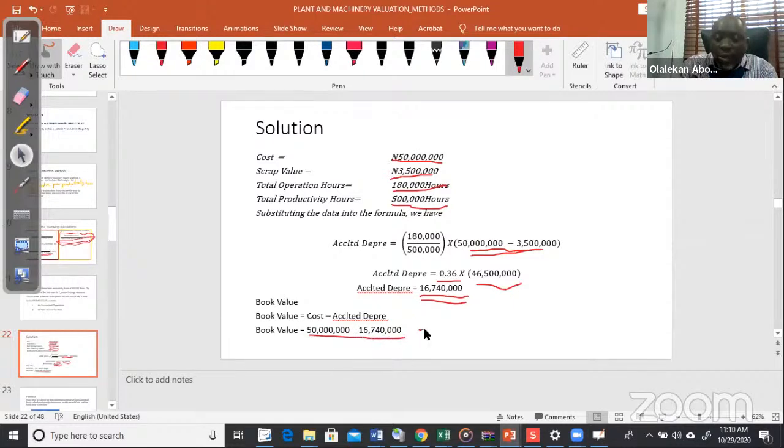Cost minus accumulated depreciation is 33,260,000. That is your book value.